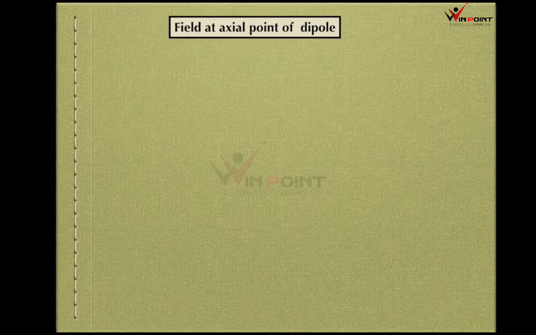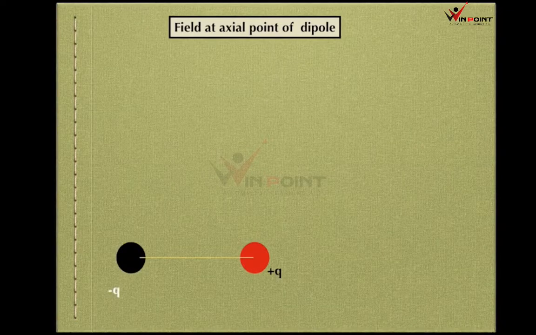Now we are going to discuss the field at an axial point of a dipole. We are considering a point on the axis of the dipole, and we are going to find the electric field at that point. So we consider a dipole plus q, minus q, and the distance between the charges is 2a.